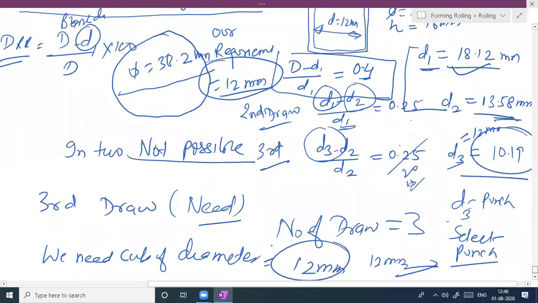It is given in the problem. So third draw. Is it clear now? Sir, we can go for n number of draws, why should we stop at draw 3? Because we reach the diameter. We want to make a cup of 12 millimeter diameter; first draw 18, second draw 13.